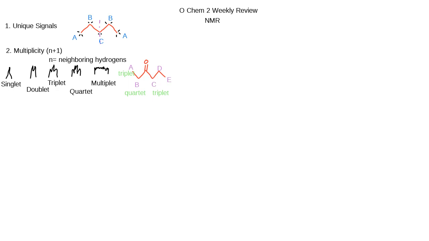So D's multiplicity comes out to, well, it's technically a sextet, but we will just call that a multiplet because anything 5 and above, we just note as multiplet. And then E should be easy. E is just neighboring D, and D has 2, so it's going to be a triplet.